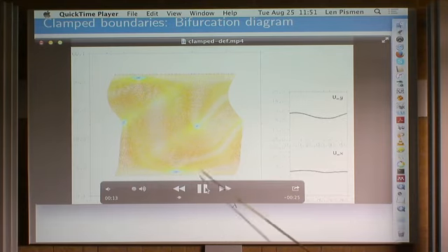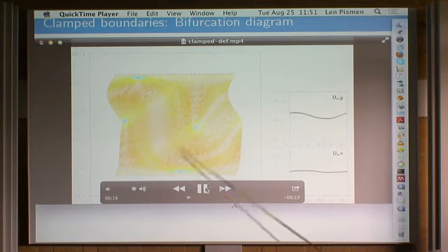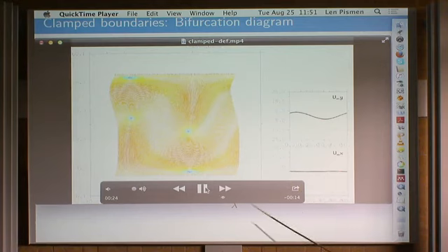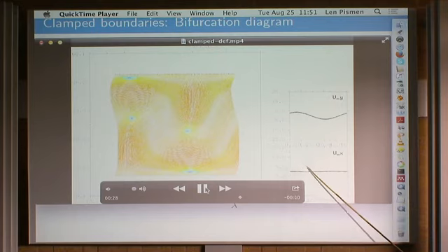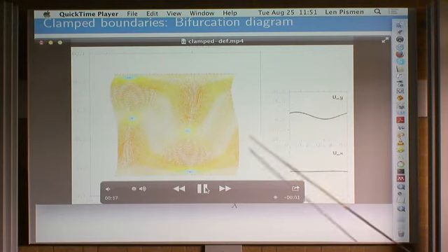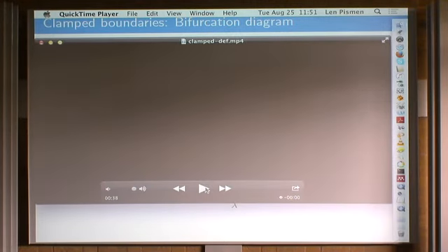Here you see a pair of defects, and there is another pair of defects which is on the boundaries. And this computation goes on. Here is a speed up, and nothing changes. Here it shows the deformation, and the deformation is both in y and circumferential, and also a bit in the direction between the clamped boundaries.